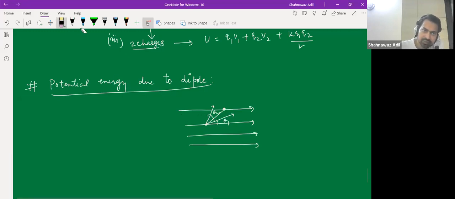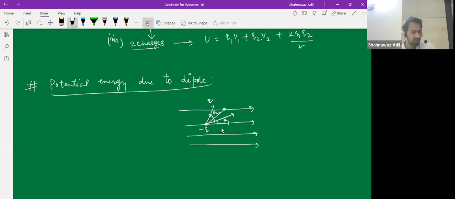This is minus q, and this is plus q. So first it was placed here at theta one, and then we moved this dipole through some angle, so it reaches here, and this angle is theta two.